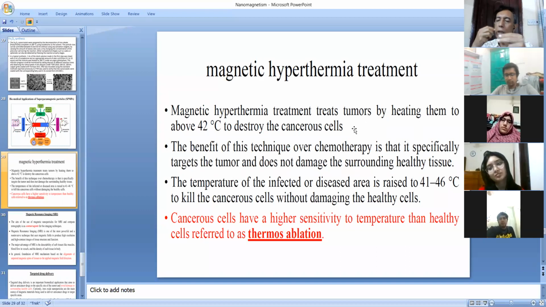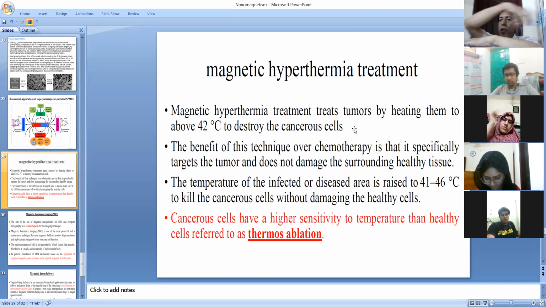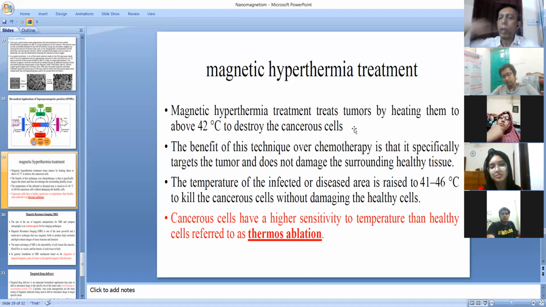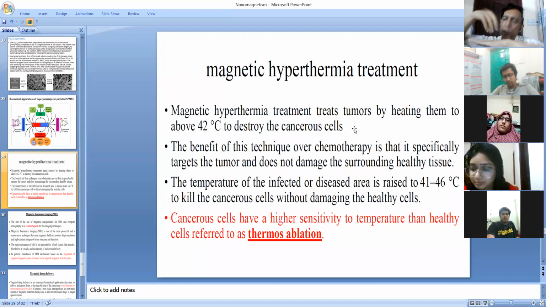So if you inject some iron oxide into our body, and externally I am moving a magnet here and there, then the iron oxide will also move this way, because the iron oxide will be magnetized by the presence of the external magnetic field.